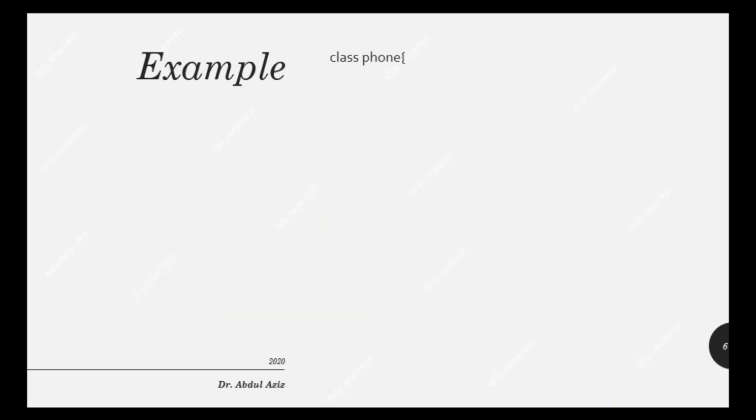Now look at the example. We create a class phone, and in the private area we are going to define an attribute IMEI, that is the number of your phone device. In the public area we are going to declare a parameterized constructor that will accept a number and assign that number to the IMEI attribute of the class.